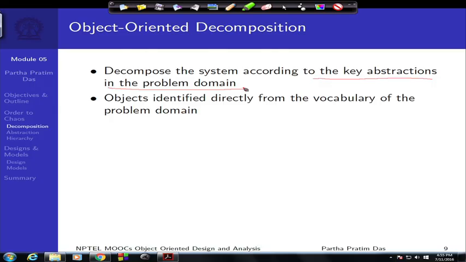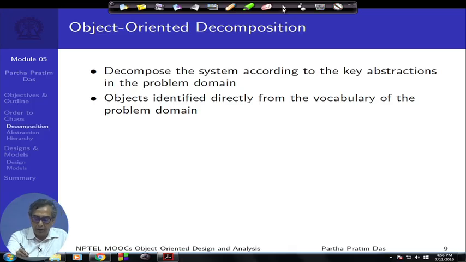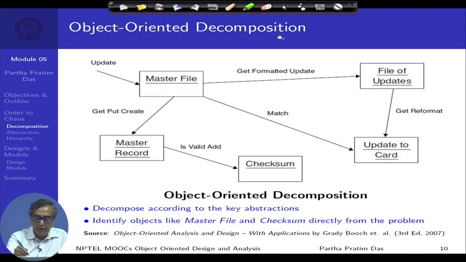Updating file means what are the basic concepts, what are the basic entities, the basic agents that the problem is talking about. And we will try to decompose the system in terms of those key concepts, key ideas, which we refer to here as key abstractions, and then try to model and solve the problem. So, it is quite different from the way the algorithmic approach will go.